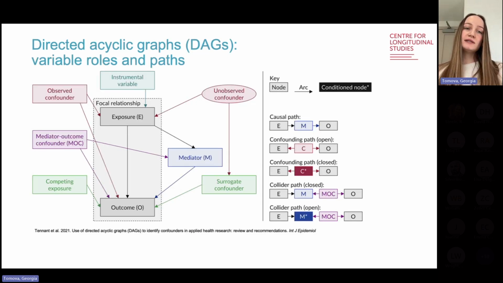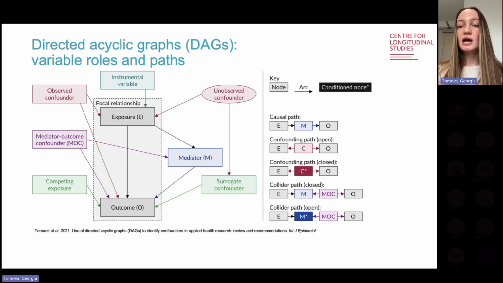The main reason we use DAGs is that once we've put all of the variables and relationships in this graphical form, we can identify which variables are confounders, which are mediators, and so on. There are many different variable roles and paths. A variable can be a confounder only with respect to a specific exposure-outcome relationship.